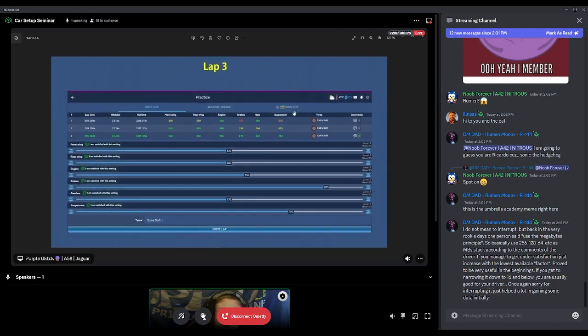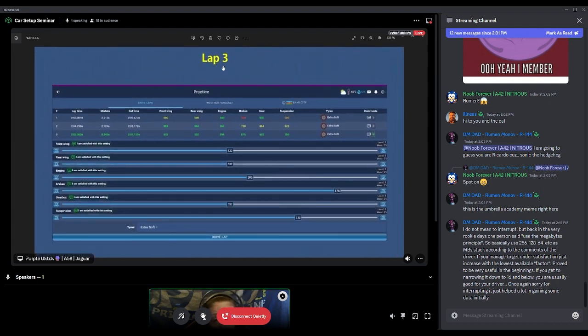So in the next step, which is lap 3, as you can see, we have all the values inside the satisfaction range. So what does it mean? It means that for the brakes, we finally hit a value inside the range, and we can start halving the difference.